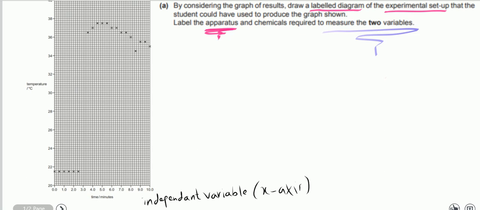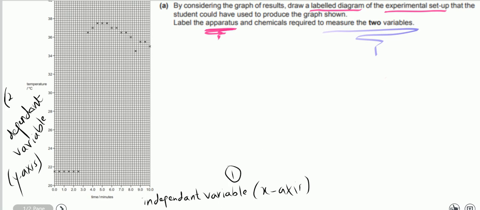and the dependent variable we have on the y-axis. So this is variable number 1, this is variable number 2.